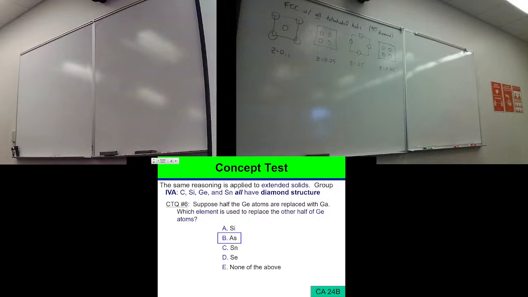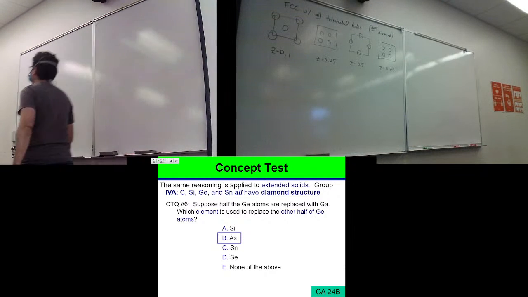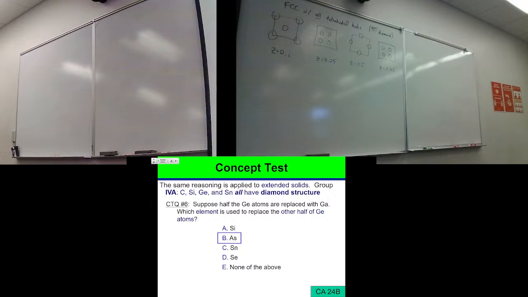The idea is germanium on the periodic table has 4 valence electrons. So originally every atom in this crystal had 4 valence electrons. If I take half of those atoms and replace them with gallium, notice gallium is 1 step to the left, 1 fewer valence electron, 3 valence electrons.